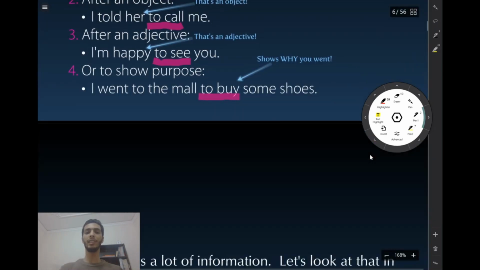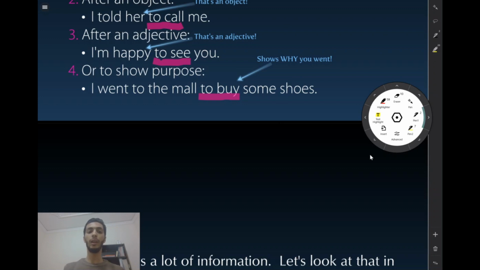And the last الحالة الأخيرة التي يمكن استعمال فيها الانفينيتيف هي نستعمله لكي نظهر السبب لفعل ما. To show the purpose. I went to the mall to buy some shoes. حسنا. Here. لماذا ذهبت إلى المتجر؟ I went to the mall, or I went to the market to buy some shoes. لشراء بعض الأحذية.